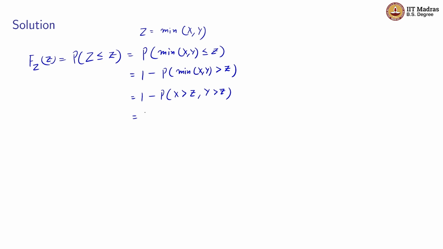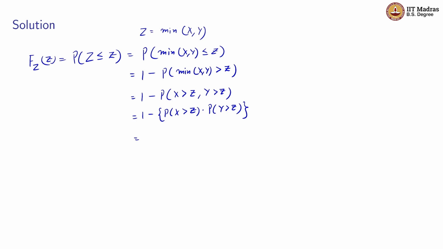And as both the random variables are independent, this joint can be written as a product of marginals. So this will be equal to 1 minus the product of marginals, that is the probability X is greater than z into the probability Y is greater than z.